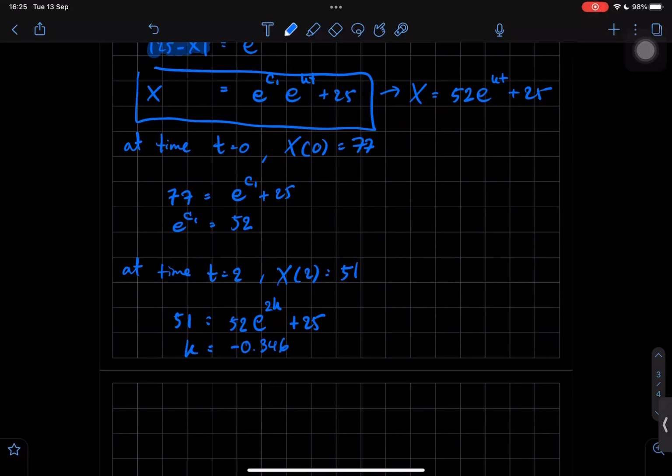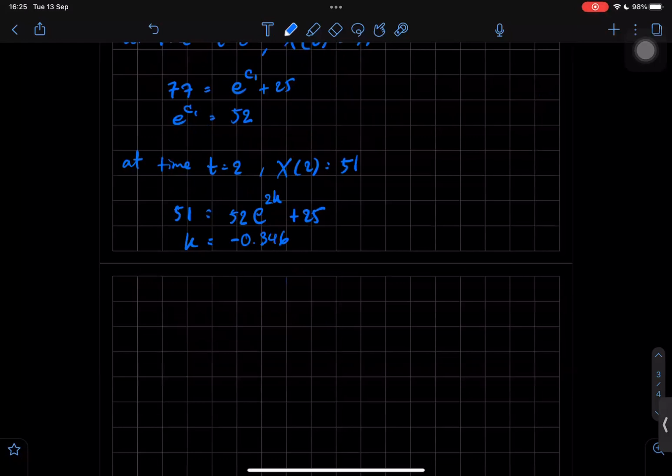You can try to calculate it yourself. Okay, so now we get the solution of our ODE is x(t) equal to 52 e to the minus 0.346 t plus 25.